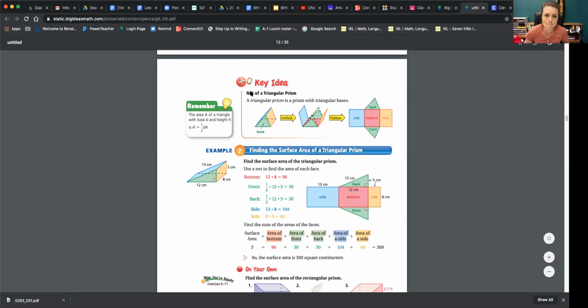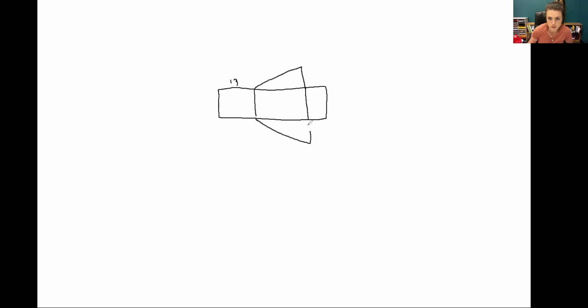So you have this net, okay, and my drawings are really not very good. I wish I could draw on the other screen, but I don't think I can. So then I've got 13, and this is a triangle here, and this is another triangle here.